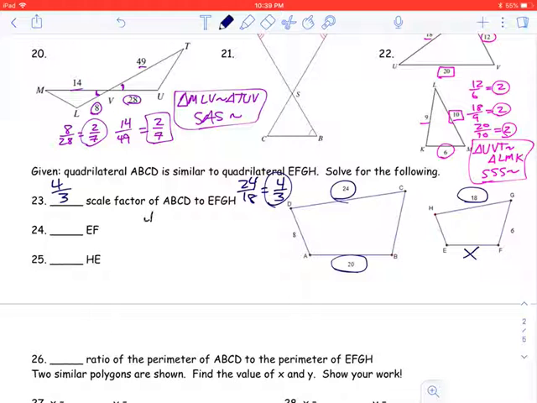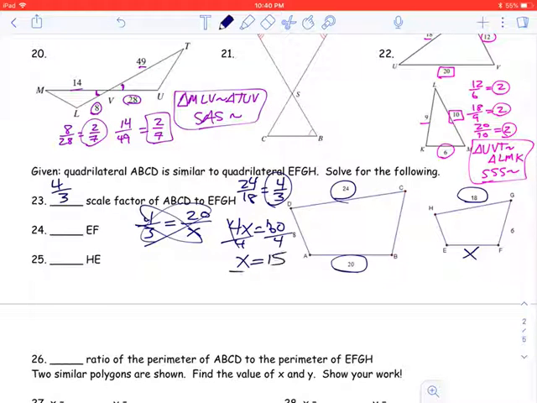So 4/3 equals 20/x. And now we go ahead and say, okay, well, 4 times x equals 3 times 20 is 60. Divide by 4, x equals 15. So EF is 15.